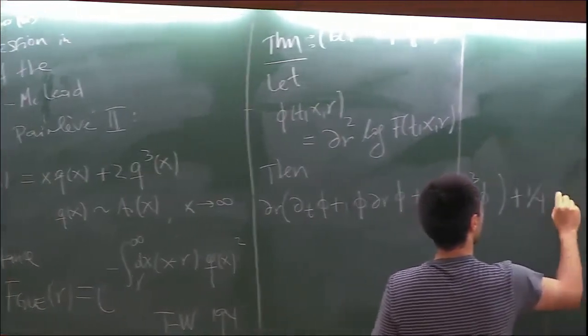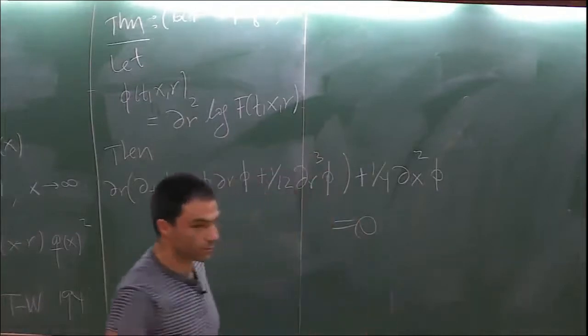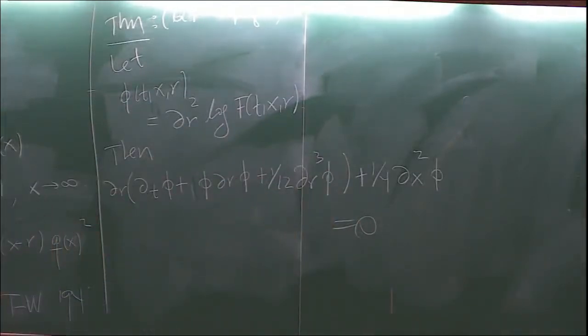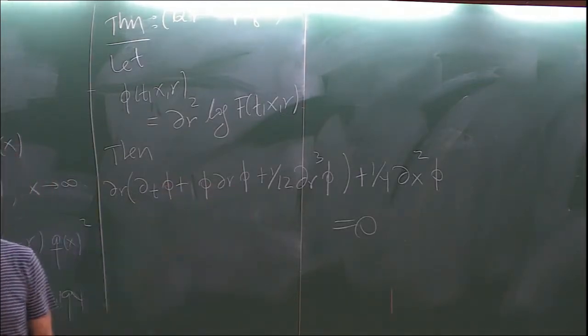Plus 1/4 dx squared phi equals 0. So this thing satisfies this equation, and I don't think many of you have seen this equation, maybe some of you, but this is known as the KP equation. This is the Kadomtsev-Petviashvili 2 equation. It's a famous equation. It's another integrable system. It's a sort of two-dimensional extension of the KdV equation.